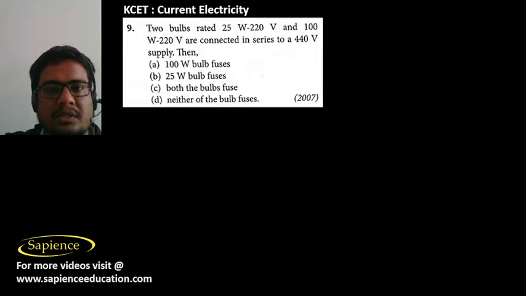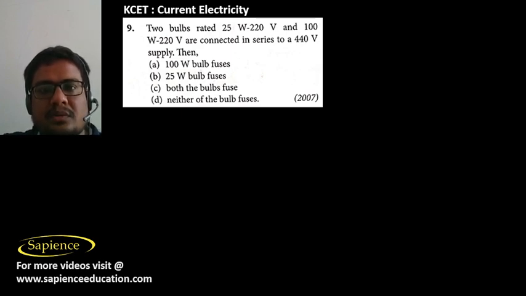Then question number 9. It is told two bulbs rated 25 watt 220 volt and 100 watt 220 volt are connected in series to a 440 volt supply.